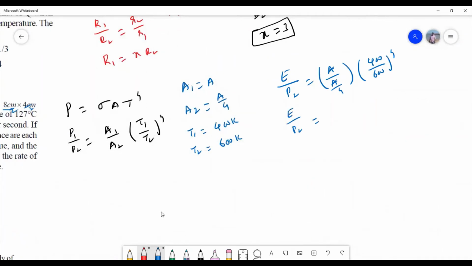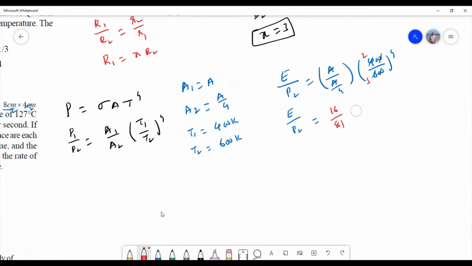E upon P2 is equal to, this will go by, so 2 2s and 2 3s I can write. So this is 16 upon 81.